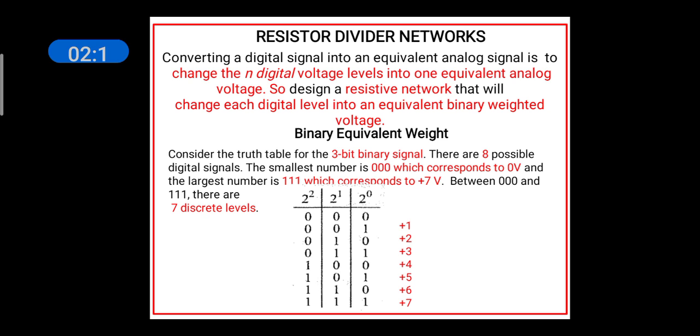The weights of the 3-bit number are given at the top of the table. The least significant bit weight is 2 power 0. Then the weight of the next bit is 2 power 1, and the weight of the most significant bit is 2 power 2.